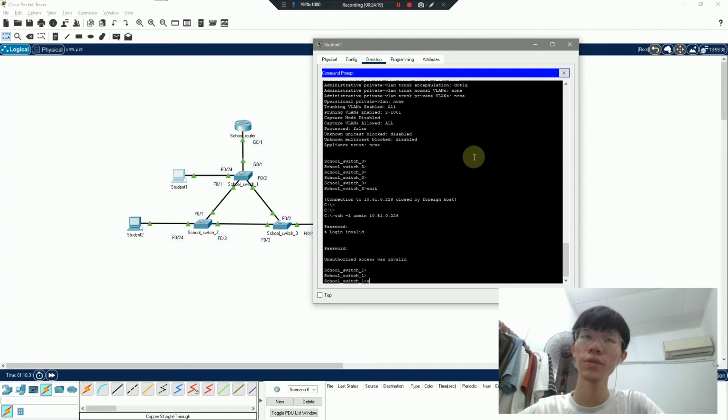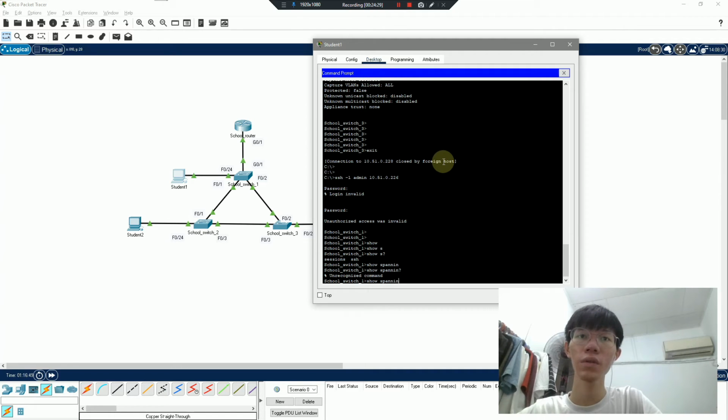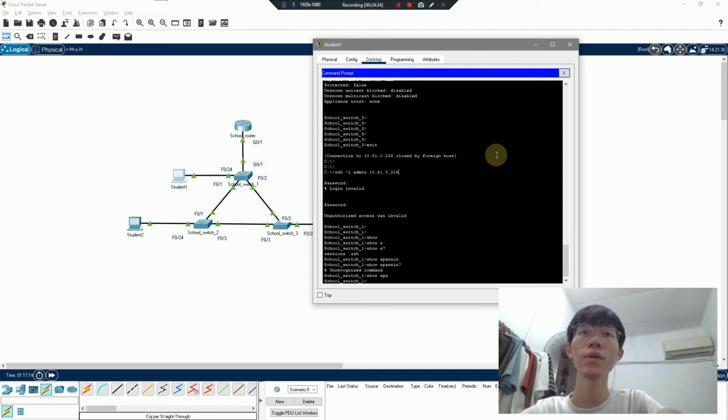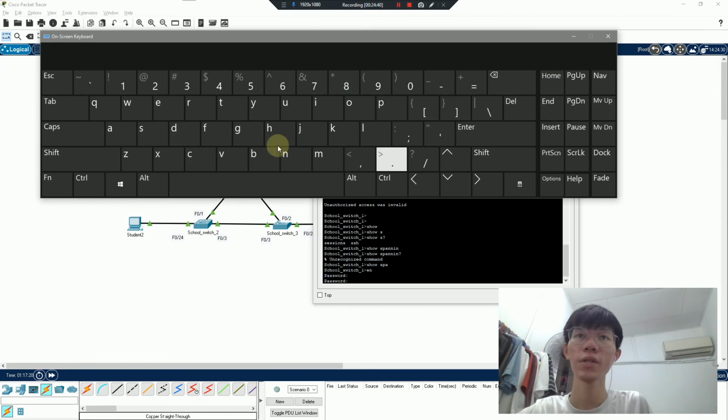So on switch 1, we're using the command show spanning-tree. First, enter enable mode. The password for enable mode is class.